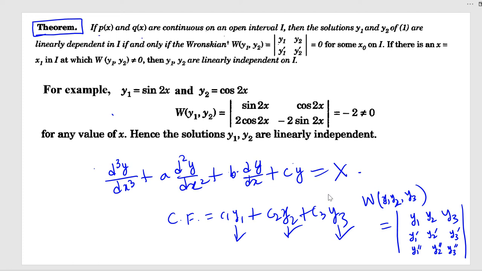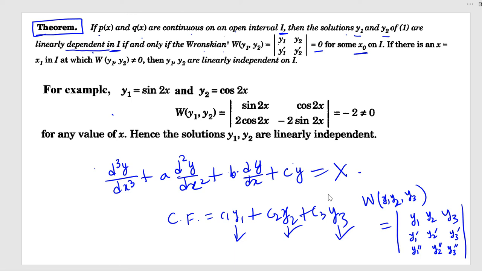If p(x) and q(x) are continuous functions on this particular interval I, then the solutions y1 and y2 of equation 1 are linearly independent in this interval if and only if the Wronskian, that is this determinant, is non-zero. If it is 0 for some x0, they are linearly dependent.